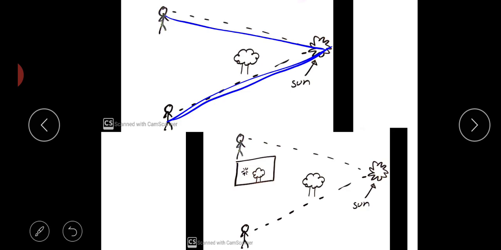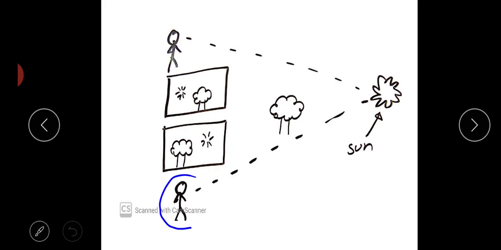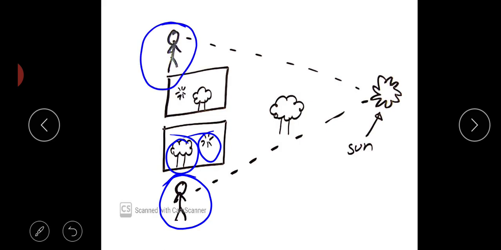Since the tree is in between, the observer who is at left will see that the sun is towards the left and the tree is towards the right side. But the observer who is towards the right side will be seeing the sun towards the right and the tree towards the left. So the observation depends.